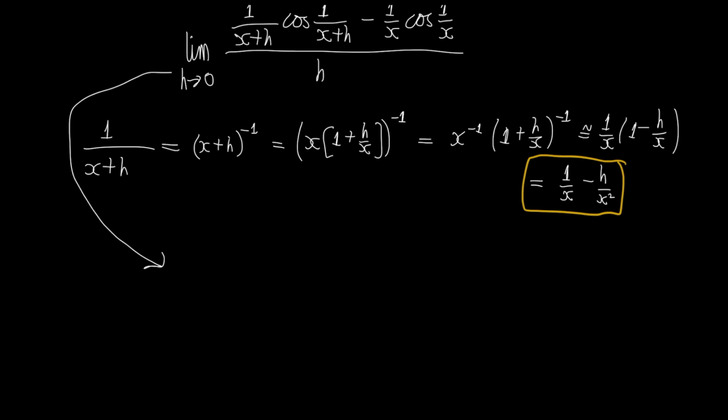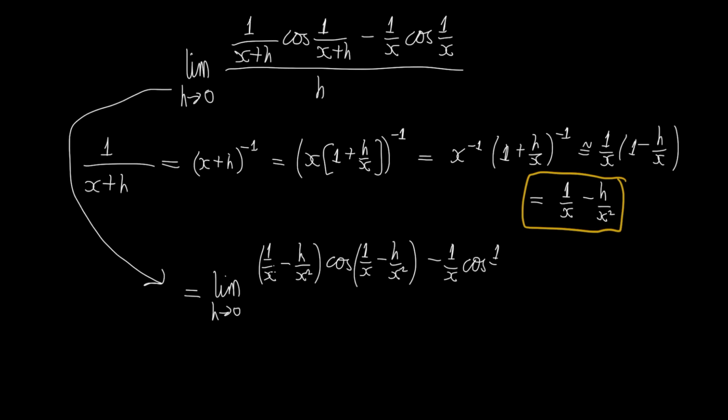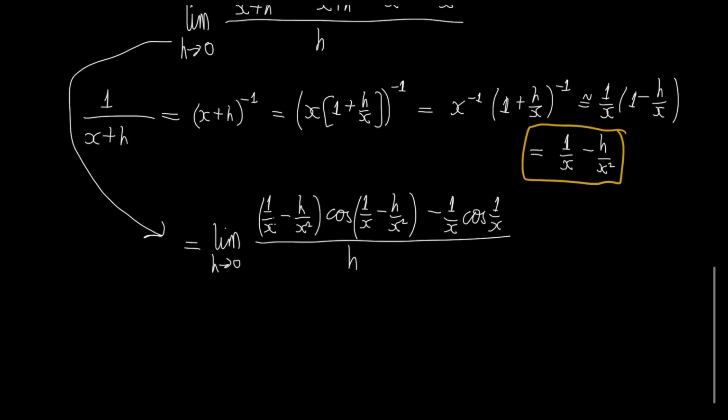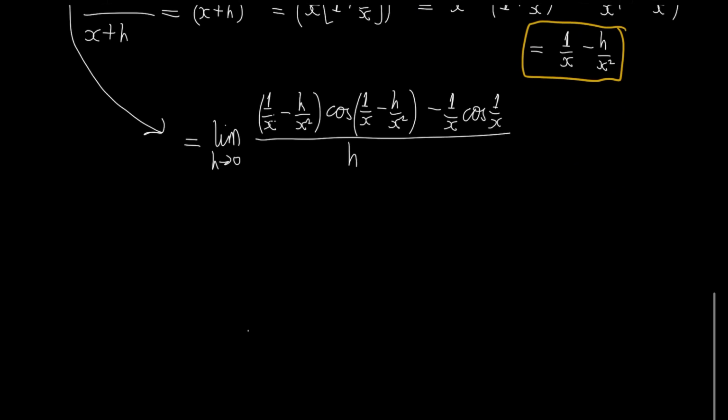Continuing with this, we're going to have the limit as h goes to 0 as before. This time we just plug in 1 over x minus h over x squared multiplied by cos, same thing, 1 over x minus h over x squared, and we're subtracting the original function. There we go. So now we're going to apply the cos formula, also listed above.